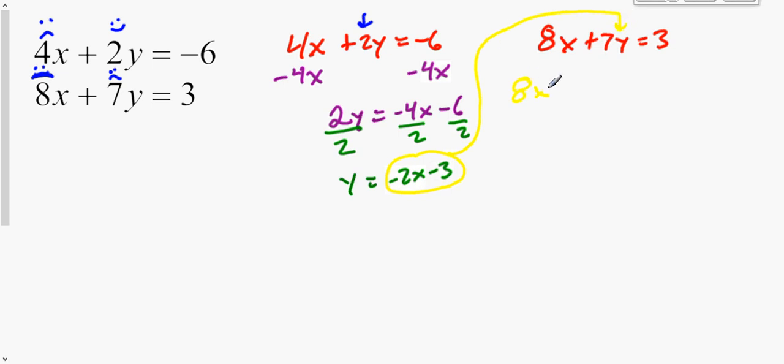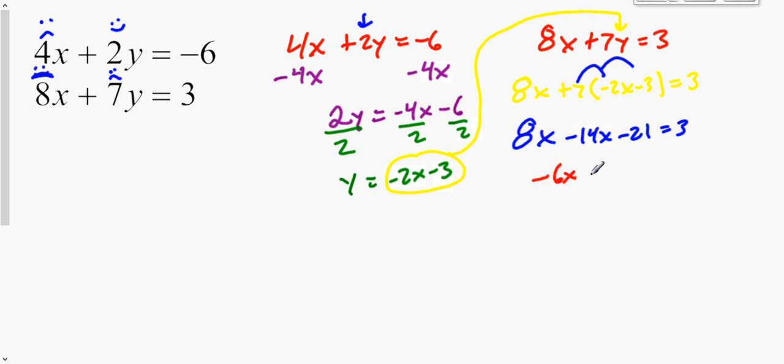So we get 8x plus 7, negative 2x minus 3 equals 3. Distribute the 7. So we get negative 14x minus 21 equals 3. Combine our like terms, we get negative 6x minus 21 equals 3.